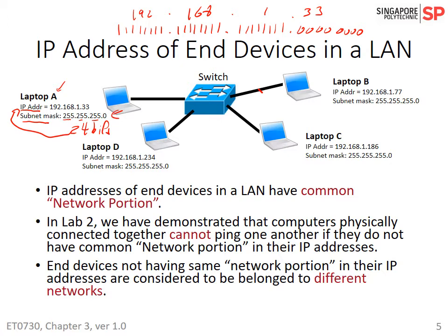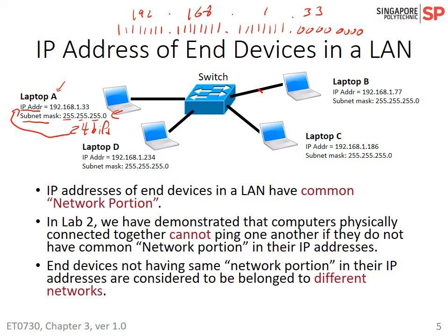So laptop A knows that all the PCs in the same network as laptop A will have the first three numbers in the dotted decimal format, or in binary the first 24 bits, the same. It's always 192.168.1. Some PCs may be .34, some .35, some .200, some .254. But the first three numbers are always 192.168.1 if they are all in the same network as laptop A.